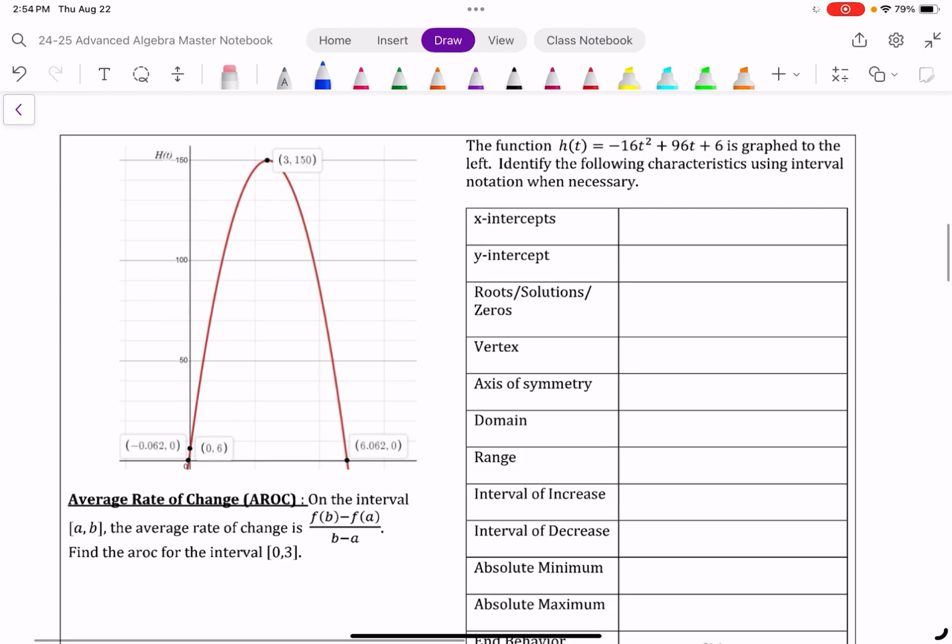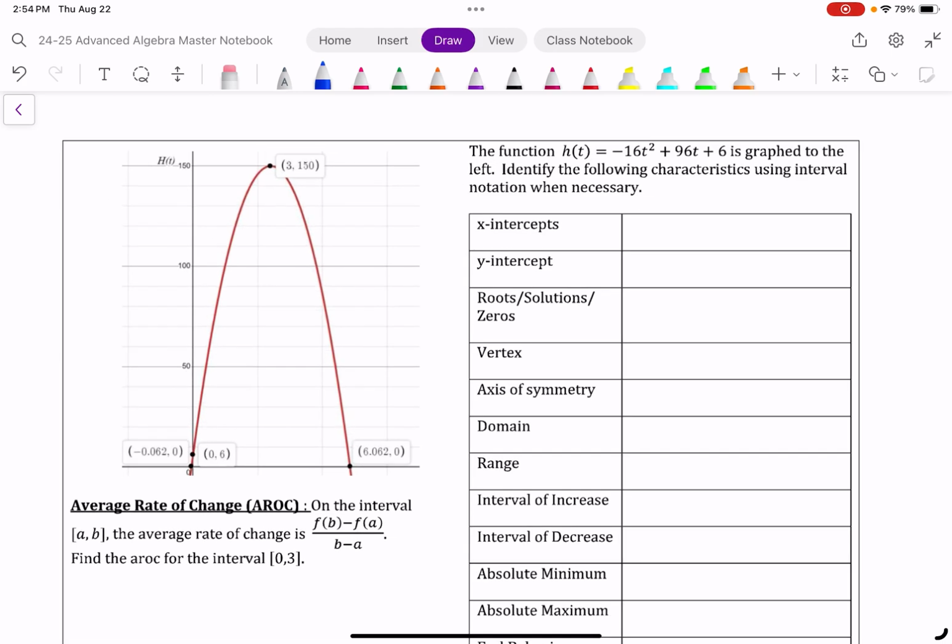Now we have the same graph. So this is the graph that we were just given. And we're asked to find some stuff out about this function. It says the function h of t is negative 16t squared plus 96t plus 6 is graphed to the left. Identify the following characteristics using interval notation when necessary. All right, so the x-intercepts. Remember, these are points.